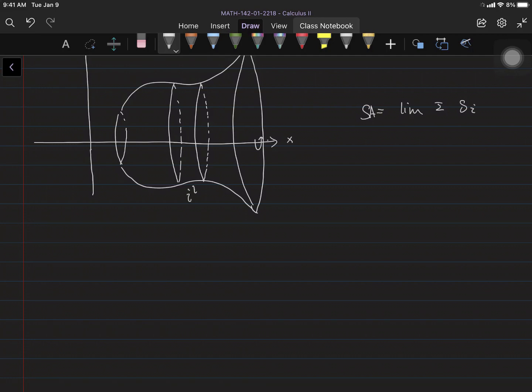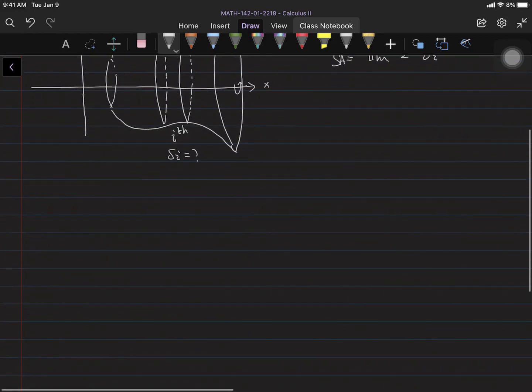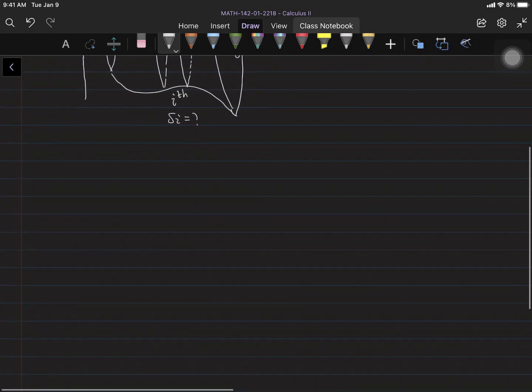If this is piece S, we are going to find S_i, the surface area for this small piece, and then we add them together, do the Riemann sum, and we can change the Riemann sum into a definite integral. That's the idea. So how to find that surface area?